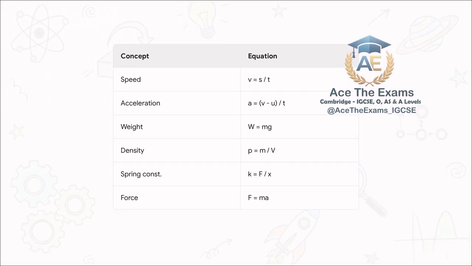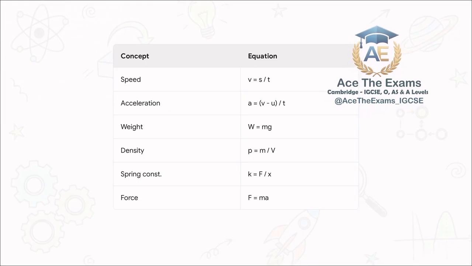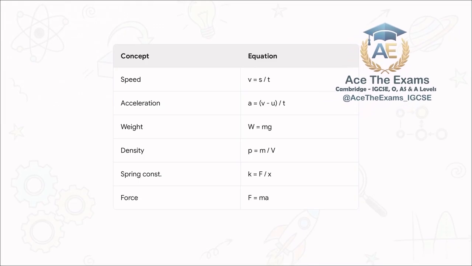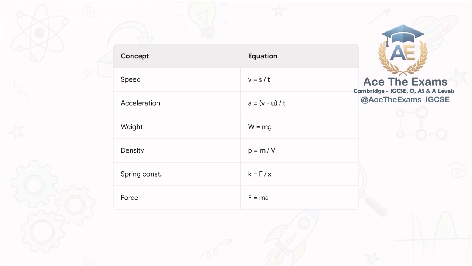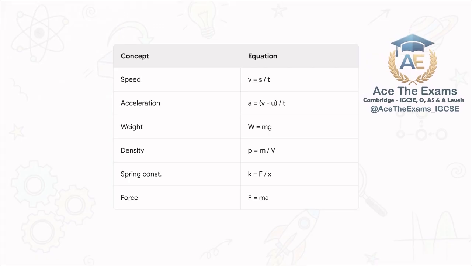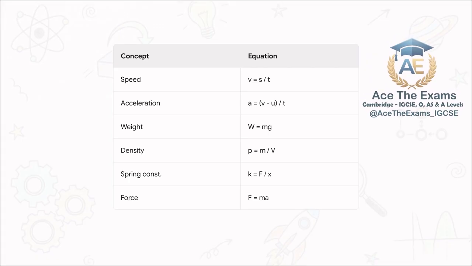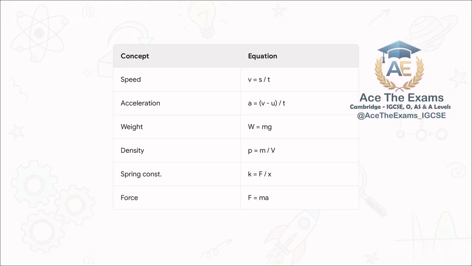And look at how beautifully they build on each other. We start with simple movement, right? Speed, or v, is literally just distance over time, s over t. But if that speed changes, boom, we need acceleration. a equals final velocity, v, minus initial velocity, u, all divided by time. Then we bring mass into the picture. Weight is just mass times gravitational field strength.